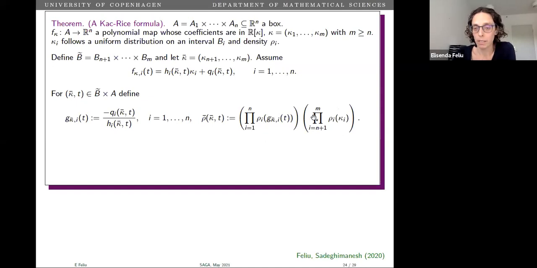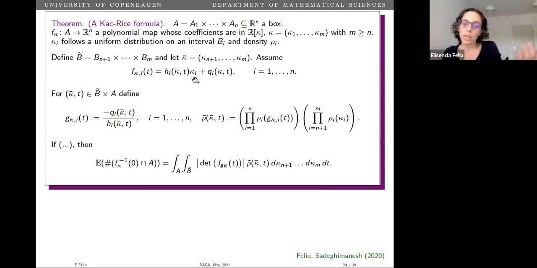And then we evaluate the densities of the distribution at the value we obtain after isolating the kappas. And then we get this formula: the expected number of solutions my polynomial system has when I restrict it to a box, so here for us this will be the positive orthant, can be computed through this integral that involves a determinant of the Jacobian of G and the densities here.